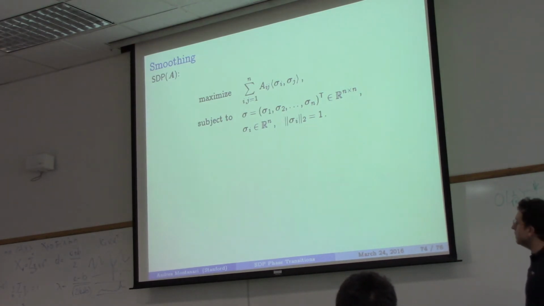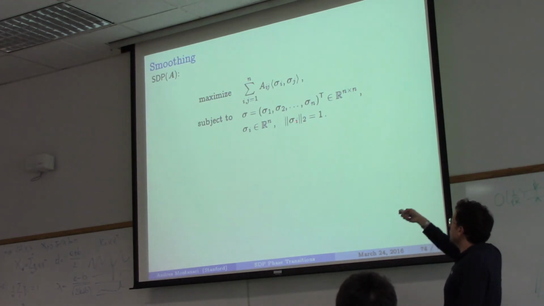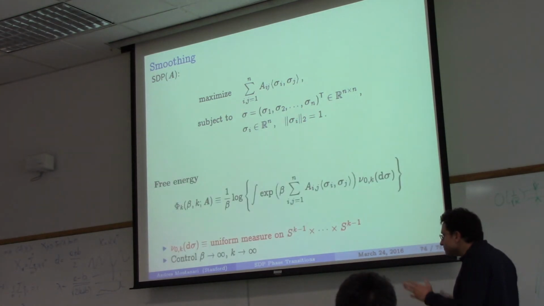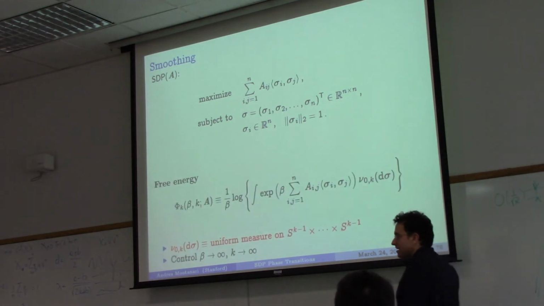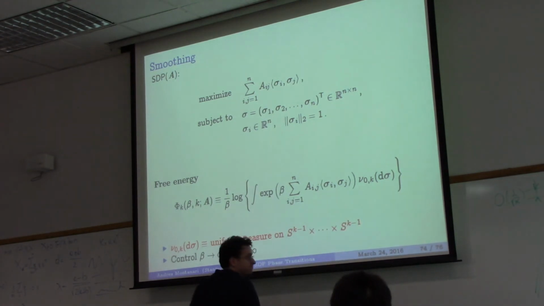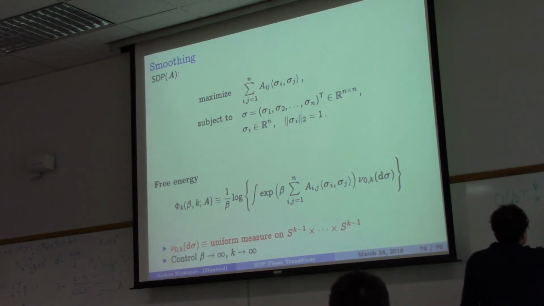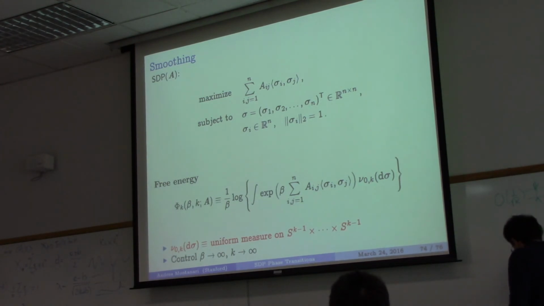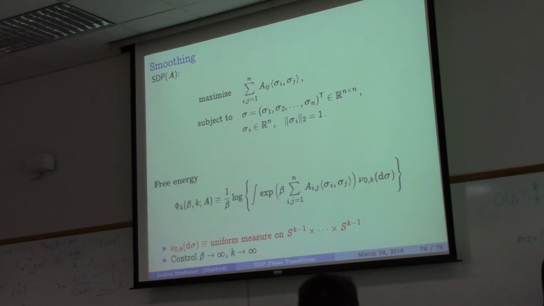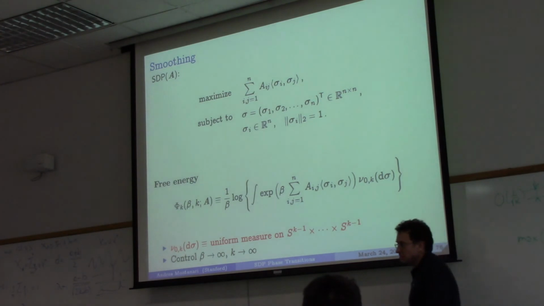How do we smoothen it? We rewrite this in this non-convex form. Okay, so again, I'm a physicist, and one trick that I know is the following. If I want to do a max, I know that the max of A and B is an annoying thing because it's non-differentiable, but it's about the softmax, right?